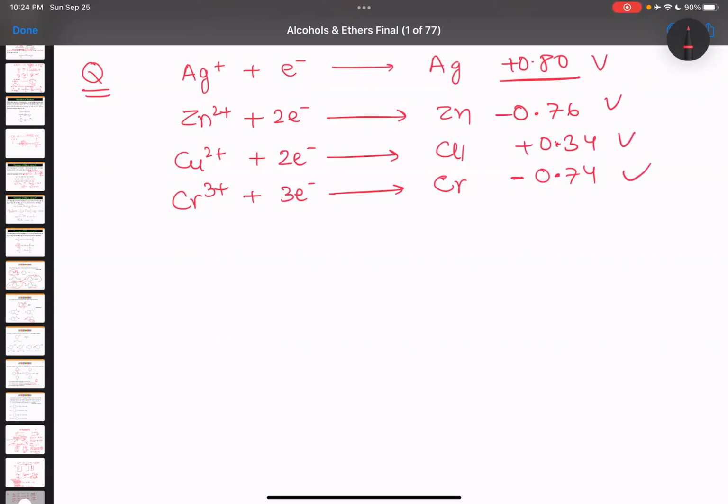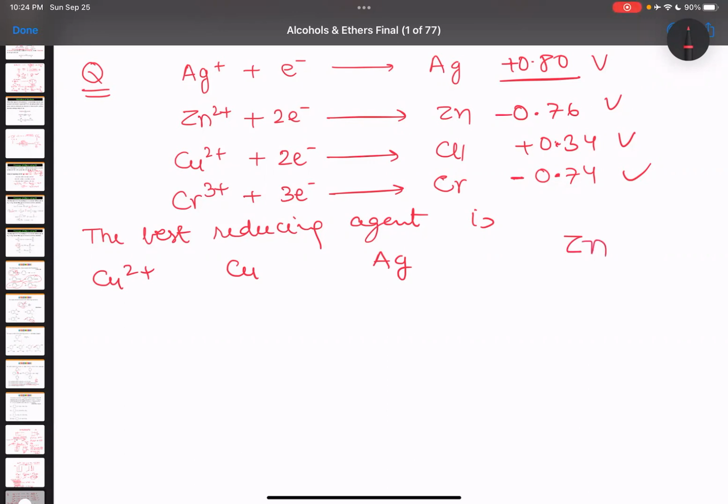So now tell me, the best reducing agent. Okay. So is it the copper 2 plus or the copper or the silver, or is it the Zn?